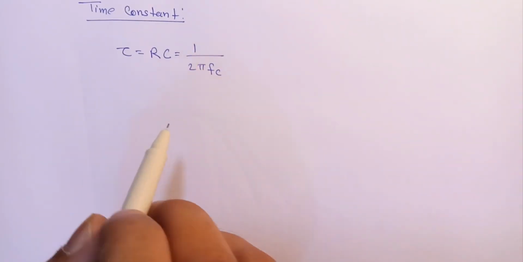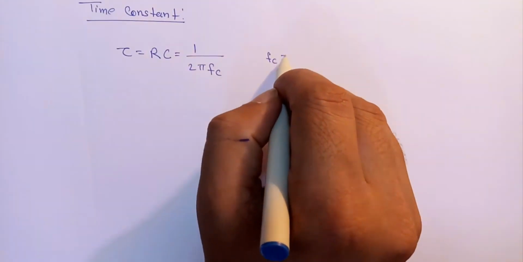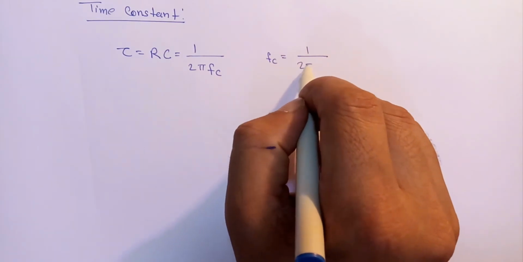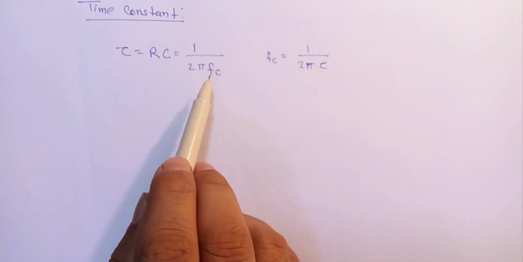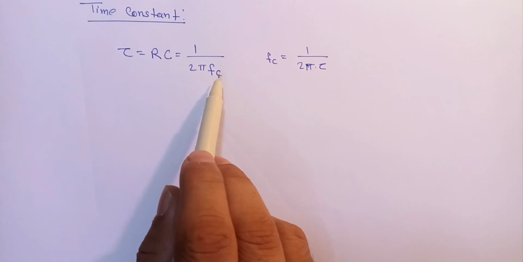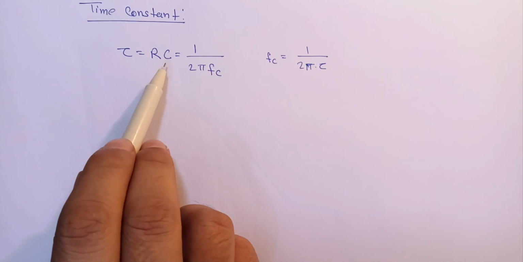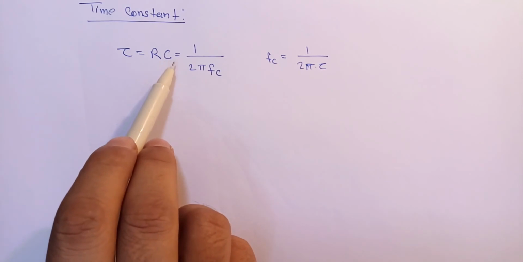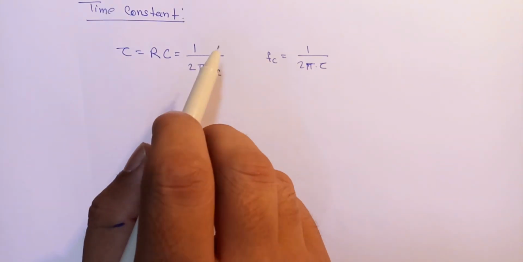So in terms of frequency and tau, the cutoff frequency FC is 1 upon 2 pi tau. Here it is visible that if we decrease the cutoff frequency, of course the time constant will increase. So the output voltage V out depends upon the time constant.